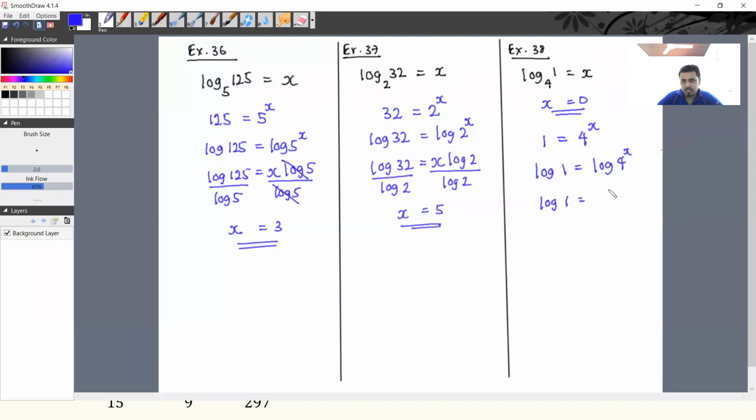Using the third rule, we can take this power value to the front. Then it will become x into log of 4. Divide both sides by log 4. Log 4 and log 4 will get cancelled. We will remain with x, which is log 1 divided by log 4. The answer is 0.